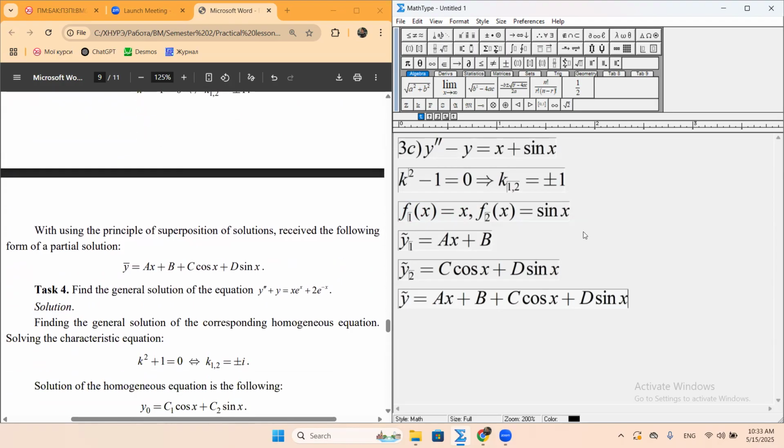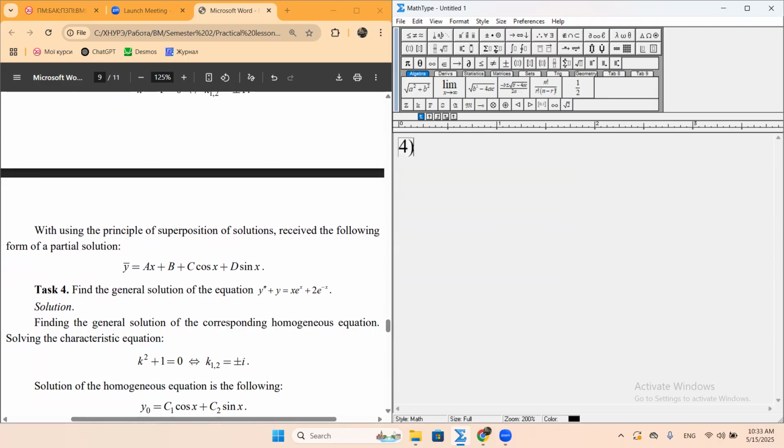Okay, no questions. So moving to the next exercise, exercise 4. Here we again will use the superposition principle, but here we will have to find the solution of the differential equation. So the general solution, of course, plus 2e to the power of minus x.